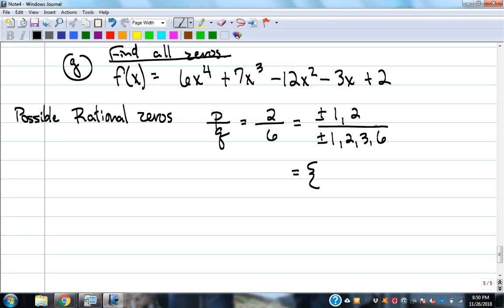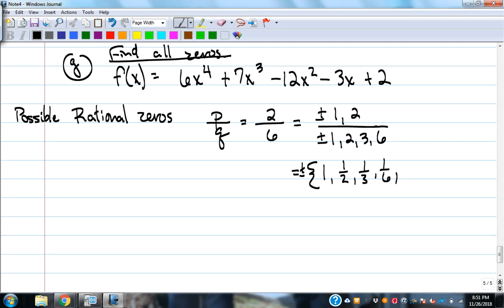So I'm going to take 1. 1 divided by 1, 1, right? So I'm going to put a plus or minus out in the front. So it's a 1. 1 divided by 2 is 1/2. 1 divided by 3 is 1/3. 1 divided by 6 is 1/6. Okay?